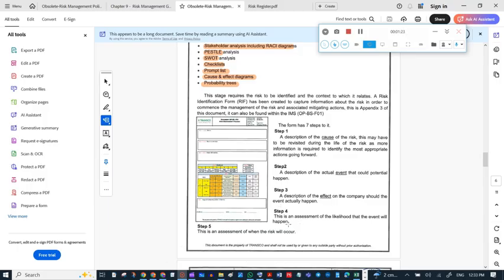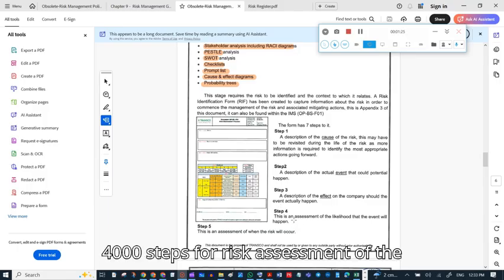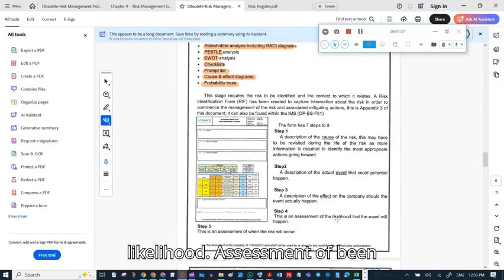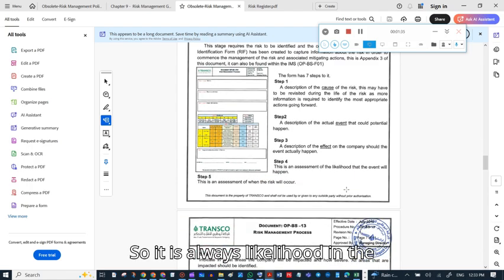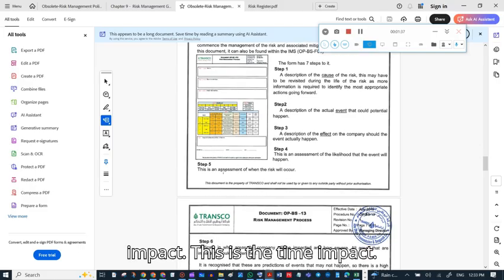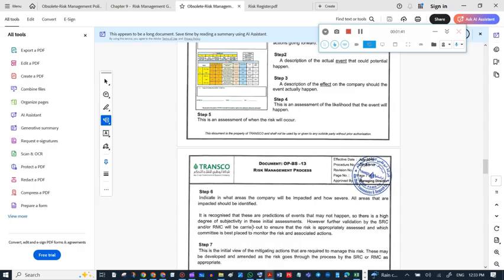Step 4 is the assessment of the likelihood. The fifth is the assessment of the time effect. So it is always likelihood and impact. This is the time impact. Step 6 is the cost impact, and step 7 is the performance impact.